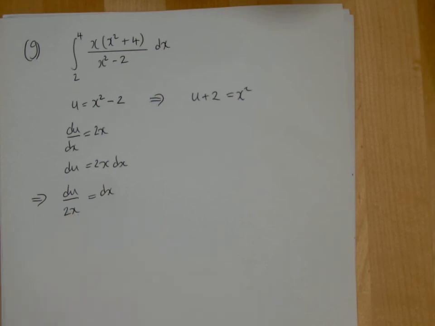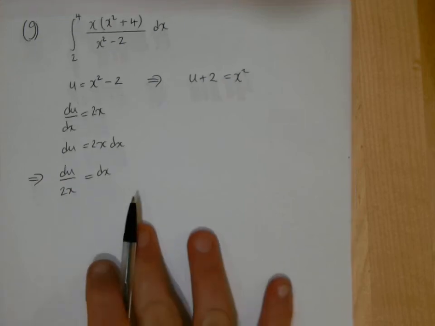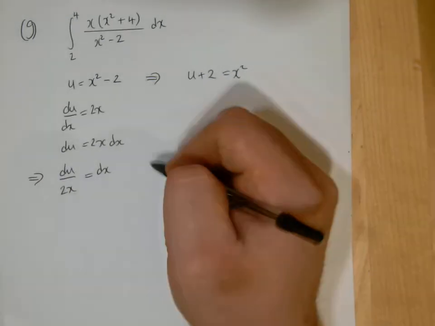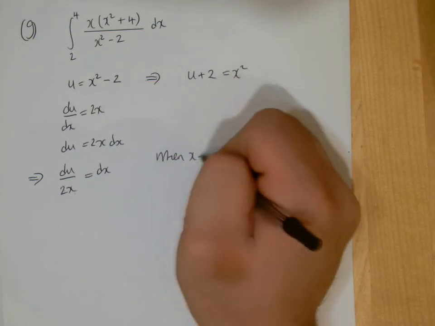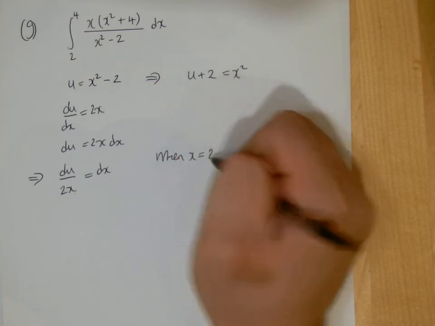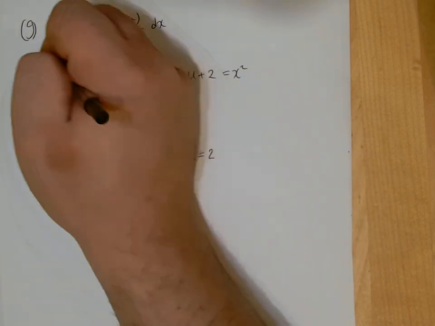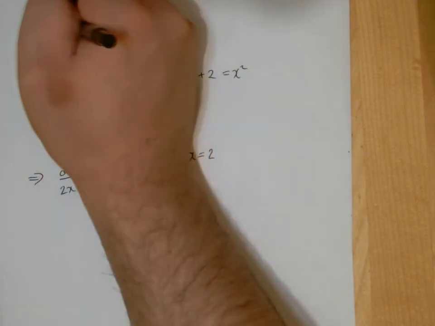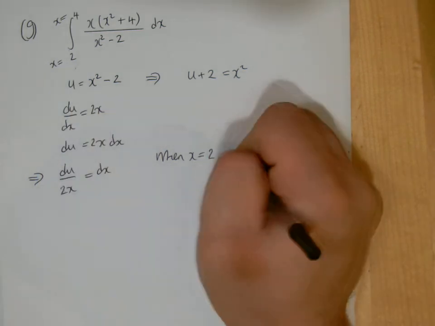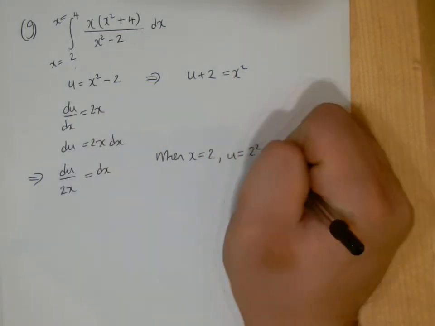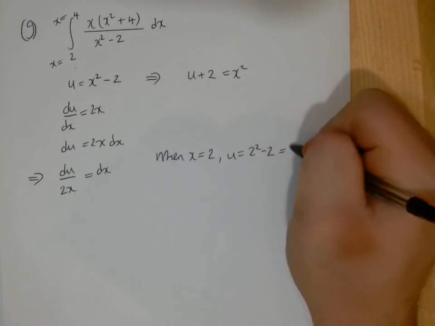Just before I do the integration, let's concern ourselves with the limits, because we've got to change the limits. When x is equal to 2, the lower limit here, remember these are x values, sub it in there, u will equal 2 squared minus 2, which works out to be 2.